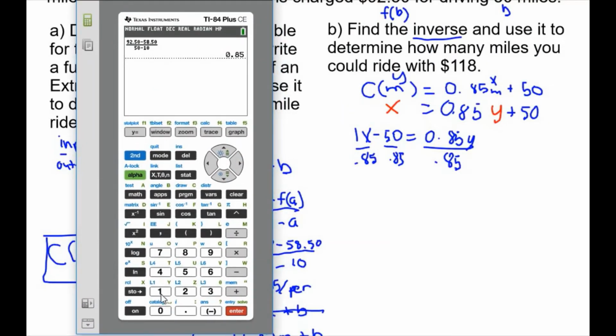All right, so let's reduce both of these. So 1 divided by 0.85 is 1.176, and then negative 50 divided by 0.85 is negative 58.823.